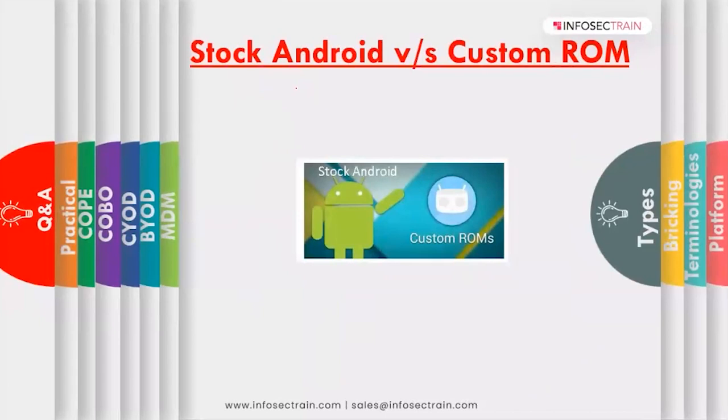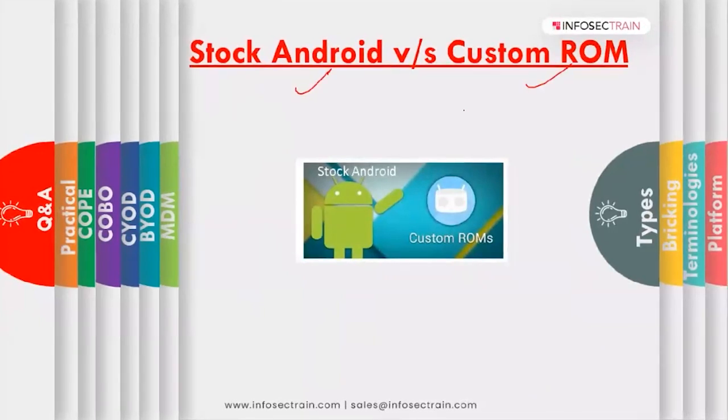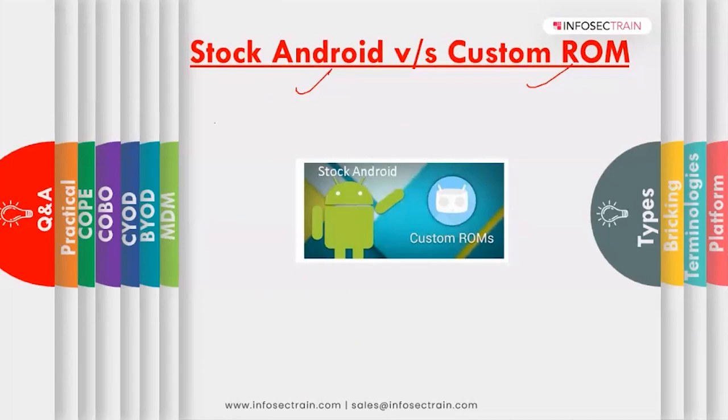Now there are two types of Android, stock Android and custom ROM. What is it? The Android used by Google is stock Android. Others use custom ROM. Samsung, OnePlus, and what are others? MI. Lots of others are there. So what is stock Android? Stock Android is the purest form of Android, right?